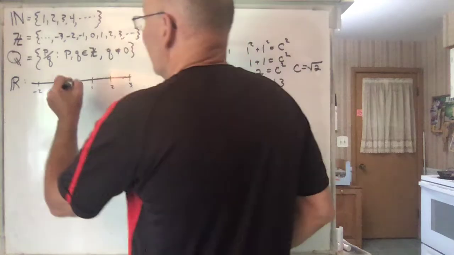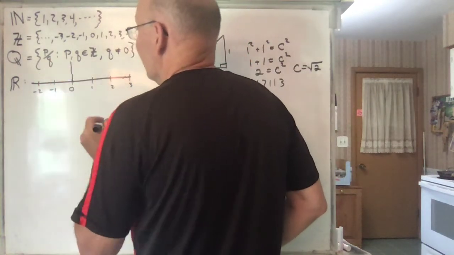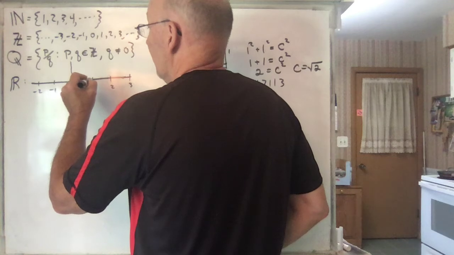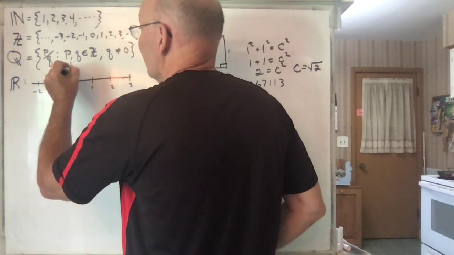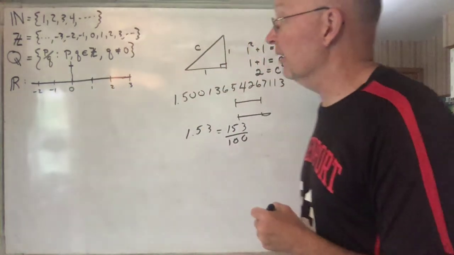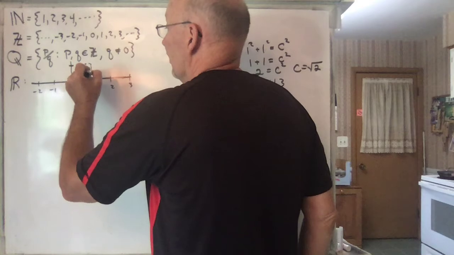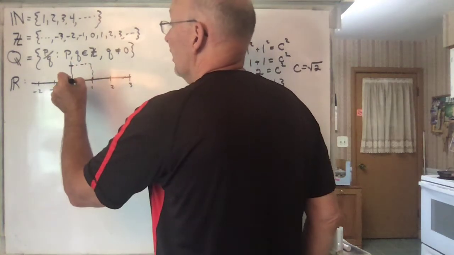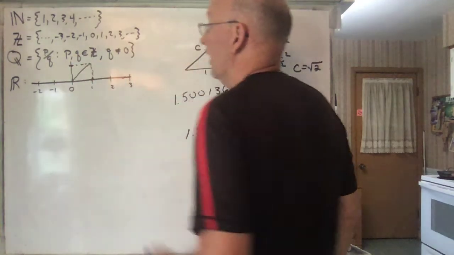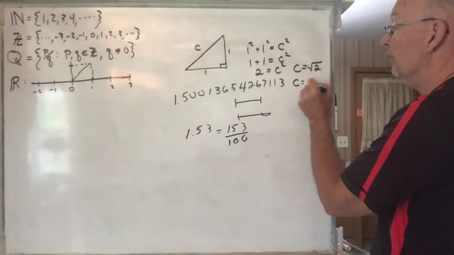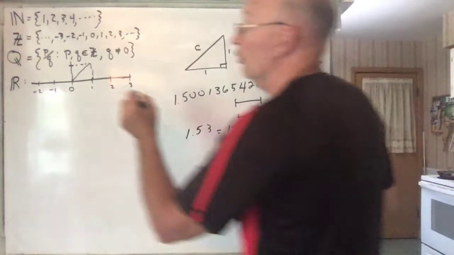So here's the number line. You can take a compass if you want to and draw this same distance right there. And then you can make yourself this square right there, and you can find that hypotenuse. And we see that that hypotenuse is the square root of 2.